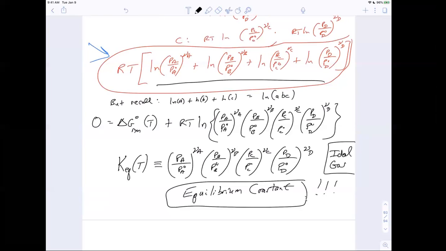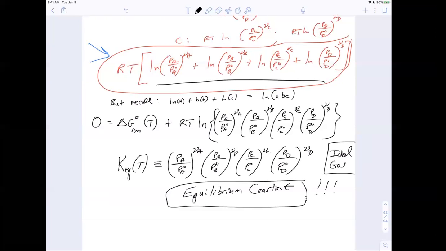So this guy is the equilibrium constant, and for all intents and purposes, one must be careful when doing any kind of work. This is what it is, and you cannot neglect any of the P superscript zeros, and you cannot neglect any of the stoichiometric coefficients or the partial pressures in this expression.